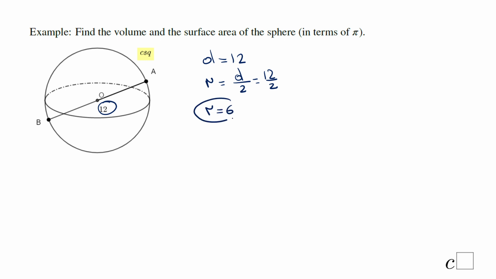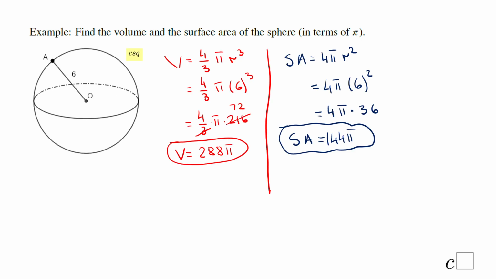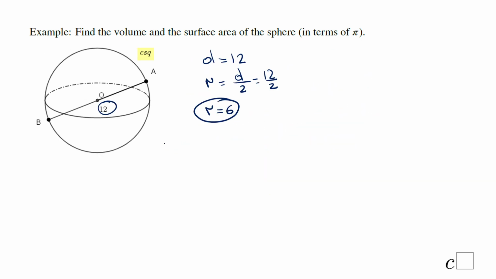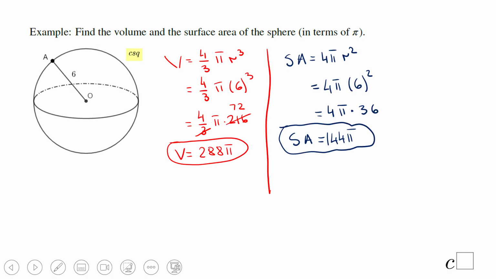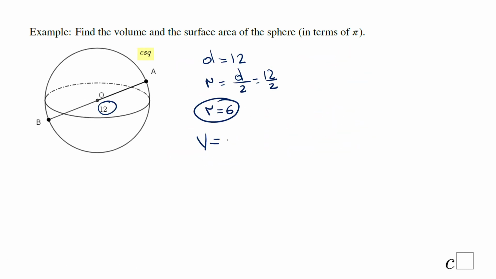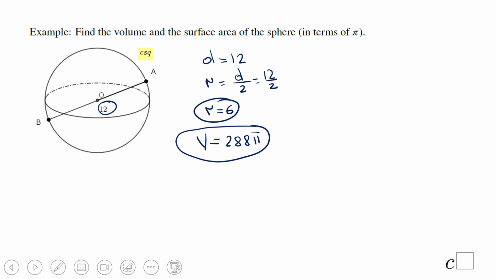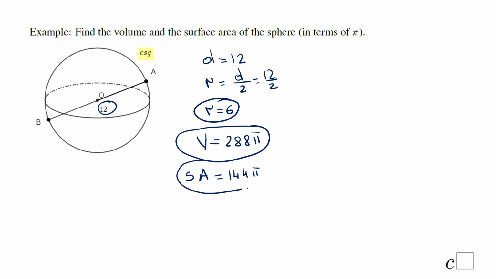So now if you take a look, this is the same problem as the previous one. So the volume is going to be, I'm going to go back and take it from here, 288 pi cubic units, remember, and the surface area is 144 pi. Okay, now you follow the same steps.